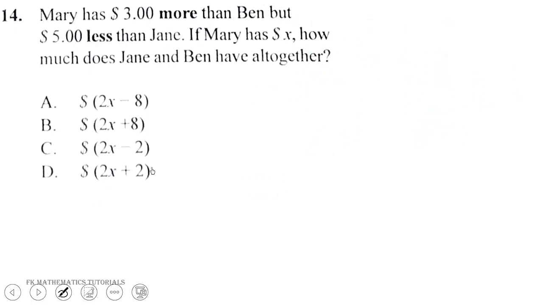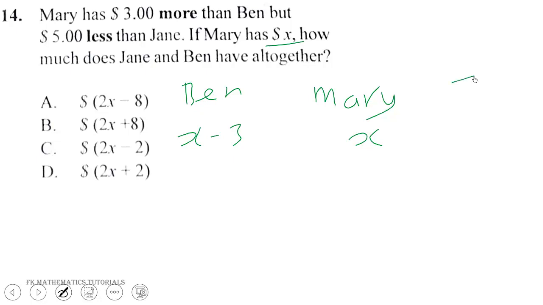Mary has $3 more than Ben. So if this is Mary and she has x dollars, then Ben will have $3 less. Then Mary has $5 less than Jane. So Jane will be having $5 more than Mary.